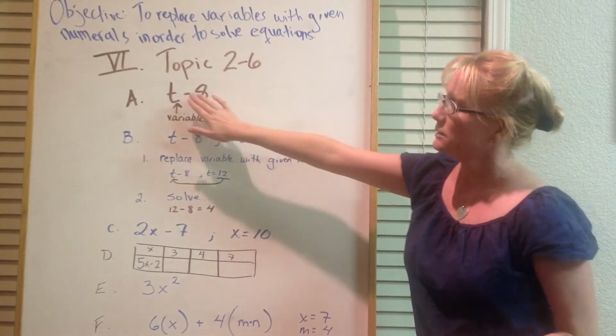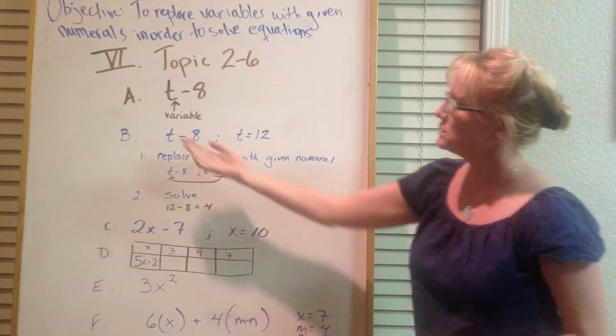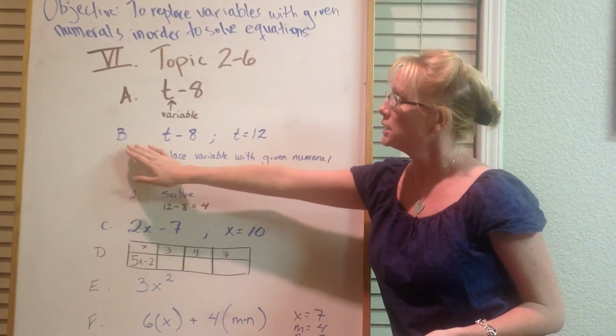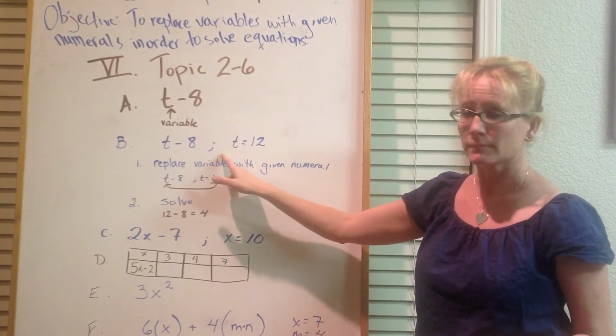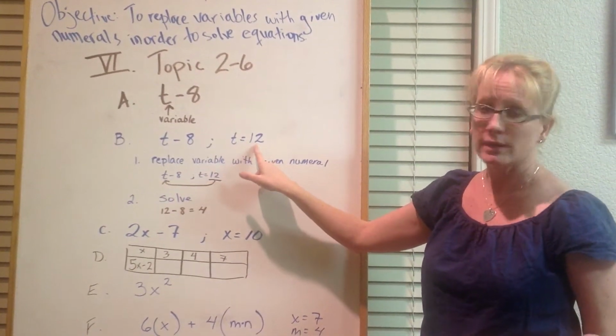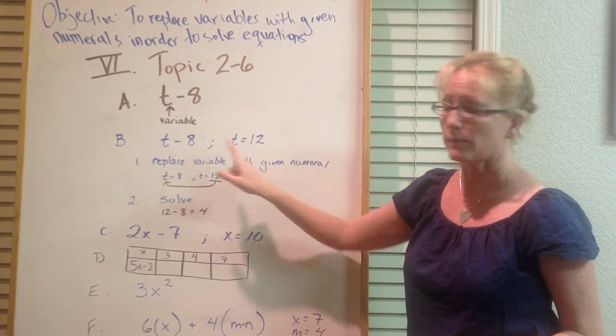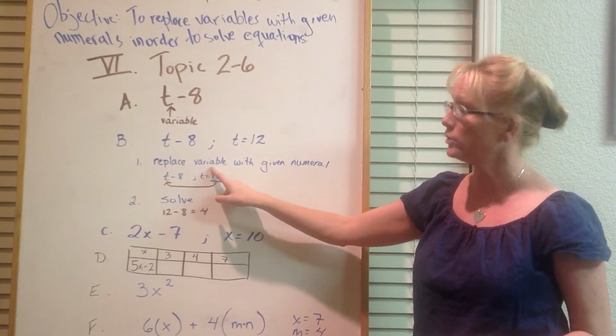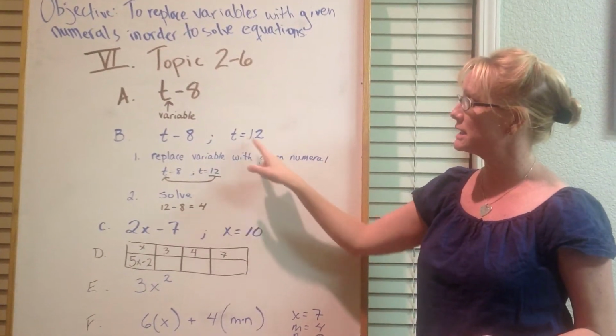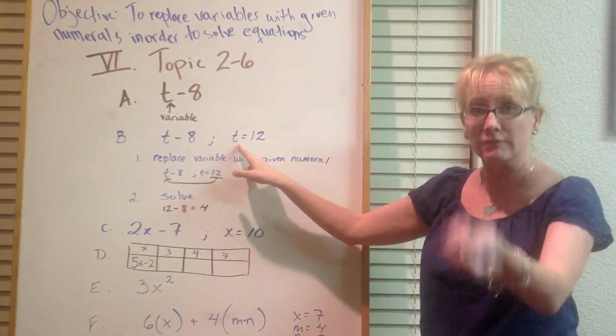So now that we remember that letters mean variables, let's look at this first math problem. This is what you're going to see in your book. t minus 8, and then they put a little semicolon, and t equals 12. They're trying to tell you that in this math problem, t minus 8, they want you to replace the variable, replace the t, with this given numeral, the number they give you.